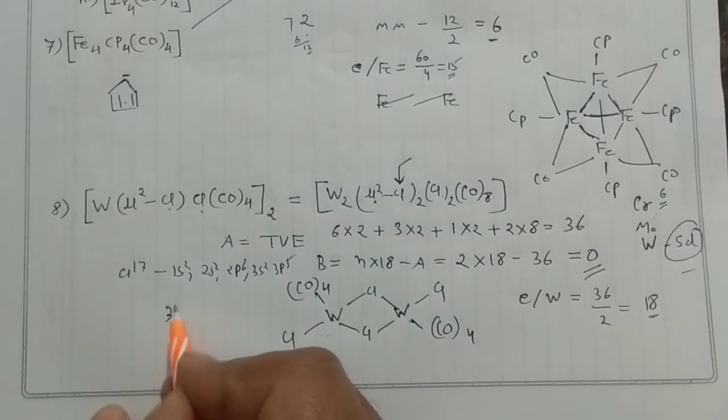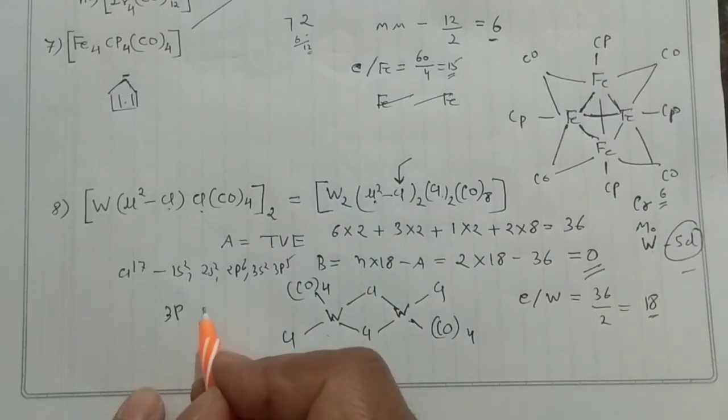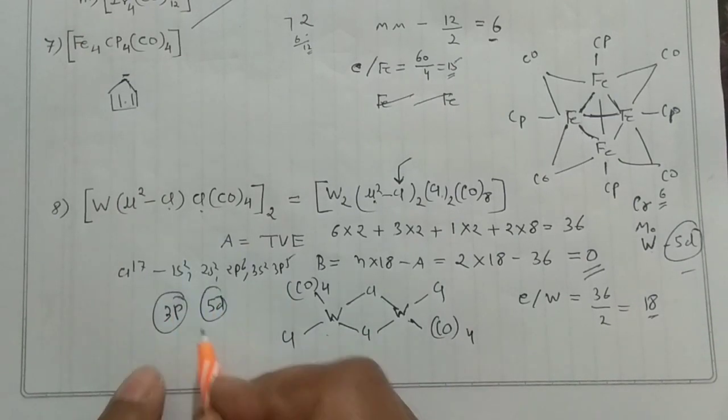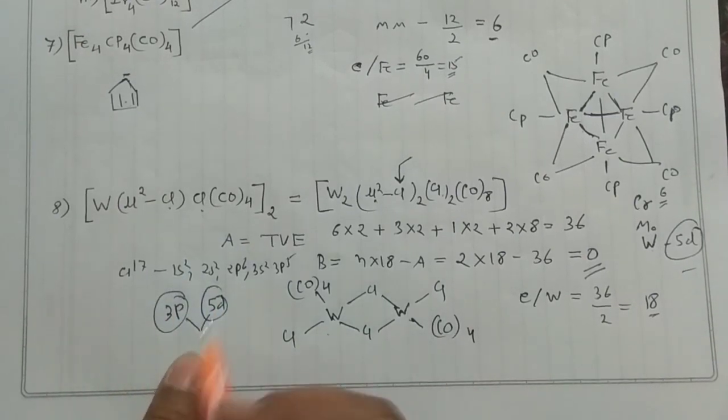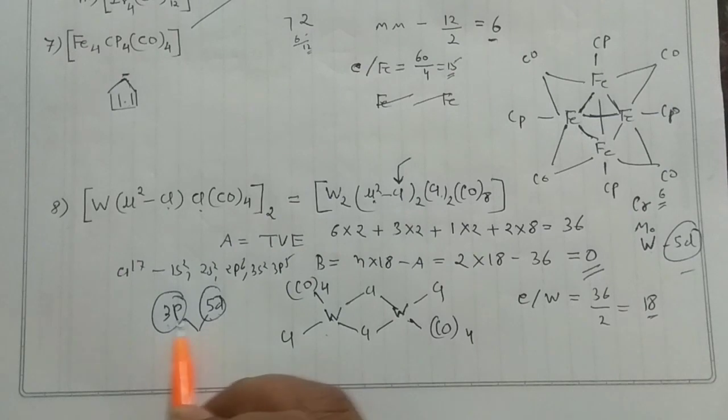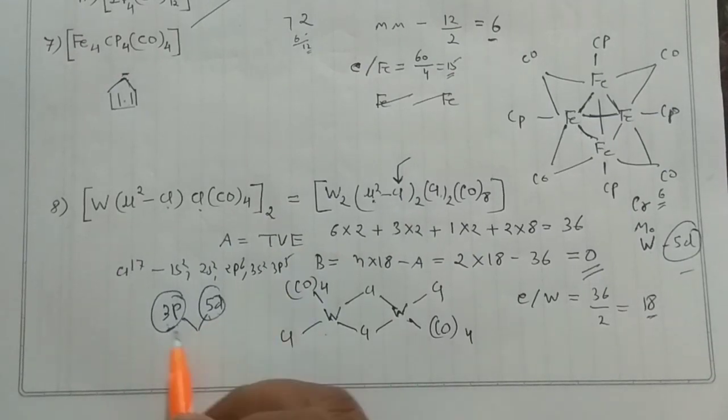So the overlap of 3p and 5d is actually not that poor, because the sizes are comparable. If it was 2p, then there would be difficulty. Since it belongs to 3p, the chlorine is donating through 3p, so 3p with 5d can overlap. That's why you have this linkage here.